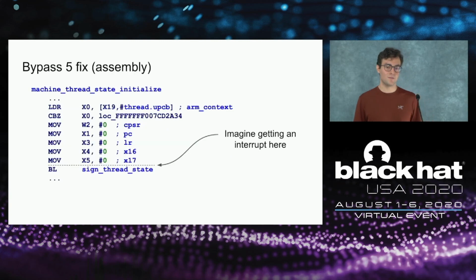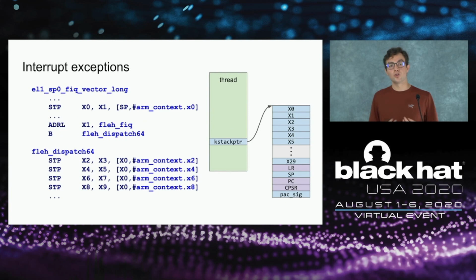This is a lot easier to see if you look at the assembly. Imagine that we're executing the instructions sequentially, and then right before we get to this sign thread state call, we have a timer interrupt that fires, and we immediately jump from here directly to the timer interrupt exception vector. Now during this exception vector, as you can see, it's going to spill all of the architectural registers to memory. You can see x0, x1, x2, x3, x4, x5, all of them get spilled to memory.